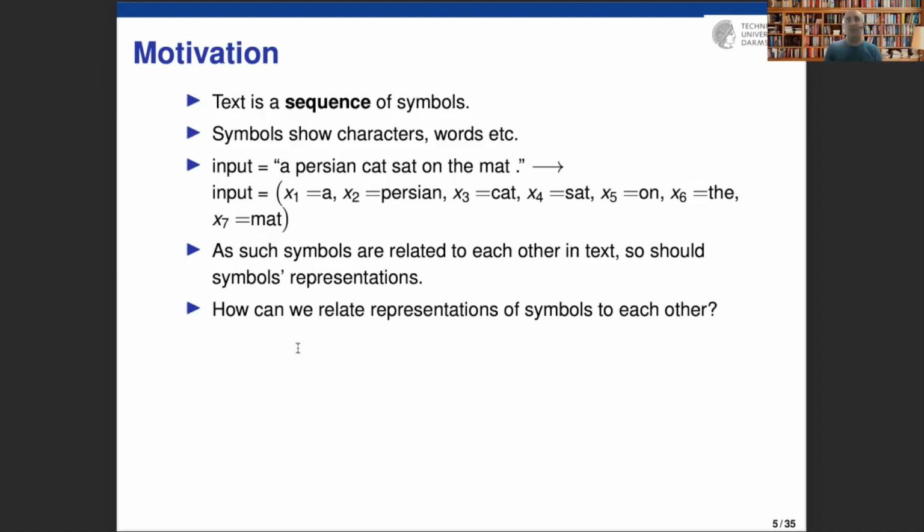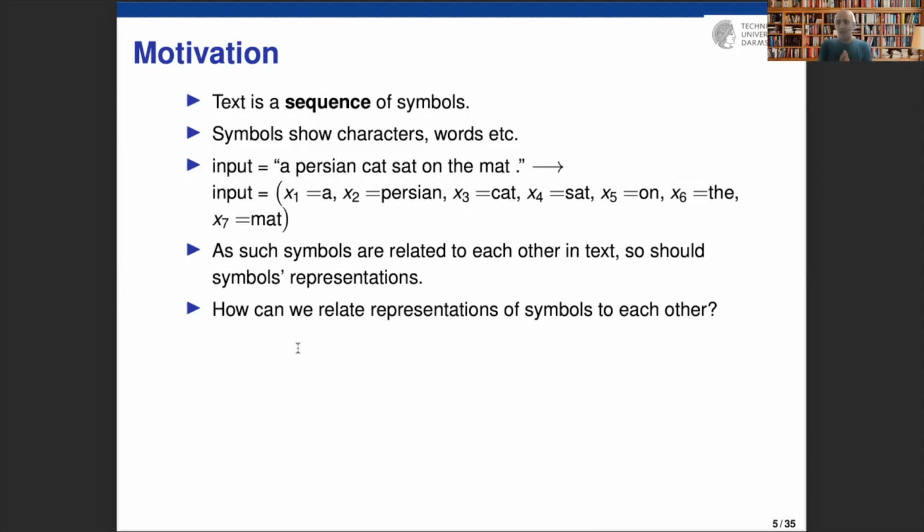And the point is that usually there are certain dependencies over different elements in this sequence. And we as humans can understand the text by just processing it sequentially.